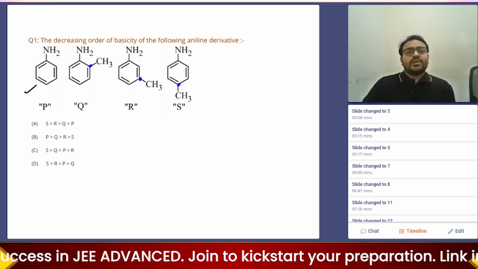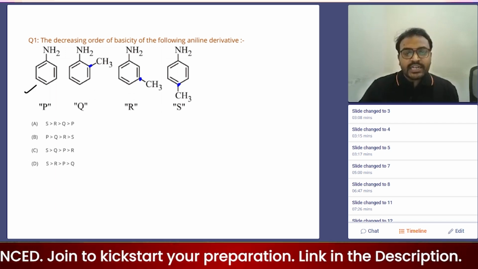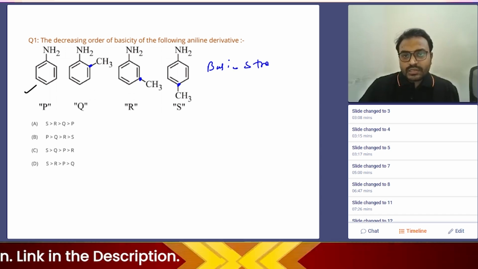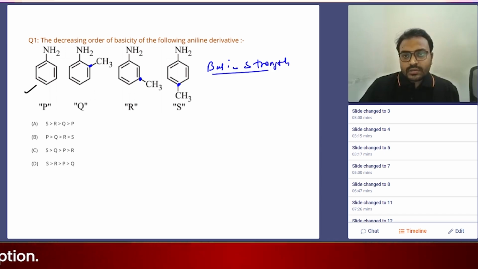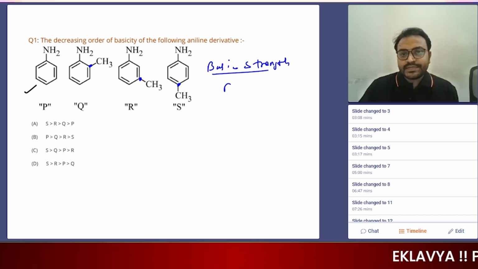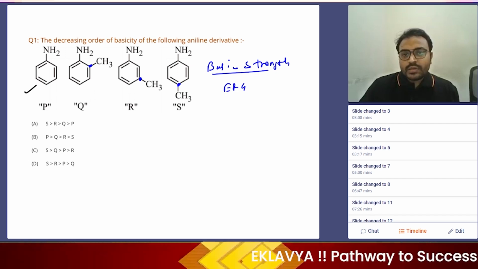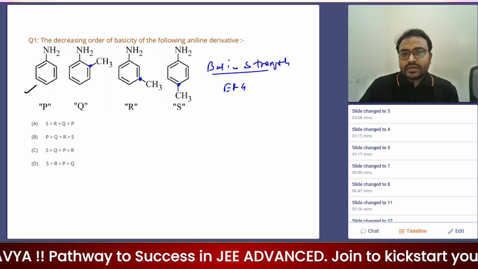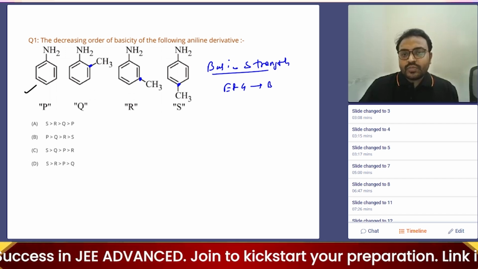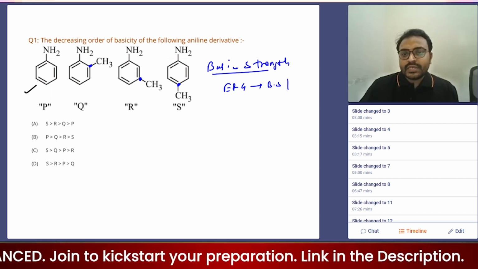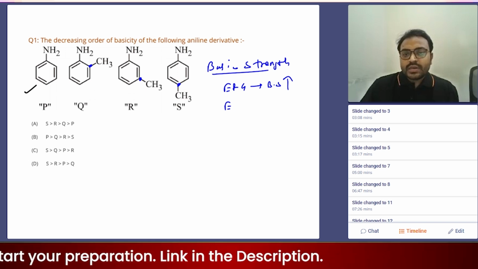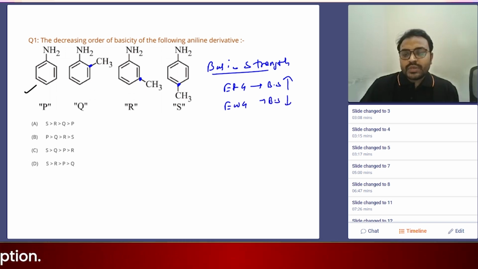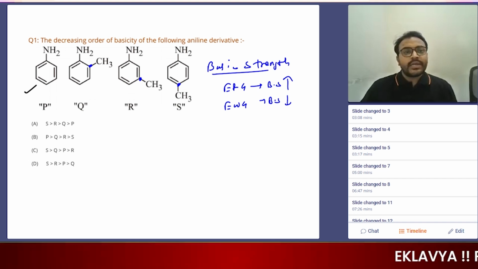Okay, so we know that in aniline the basic strength increases by electron releasing groups. As we attach any electron releasing group, the basic strength will increase. But in the presence of an electron withdrawing group, the basic strength decreases, right?